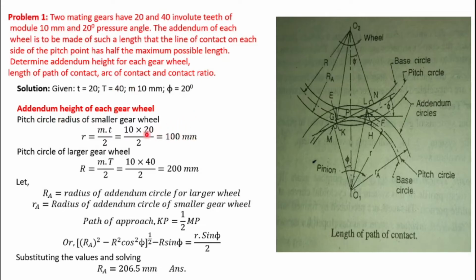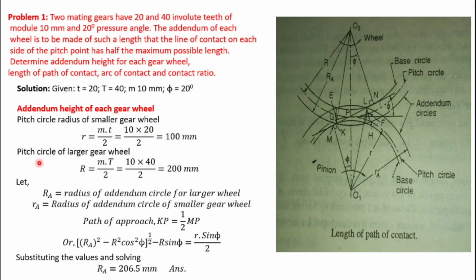For that, first we find the pitch circle radius of the smaller gear. Let the pitch circle radius of the smaller gear be small r, then that will be equal to mT by 2. M is module, T is the number of teeth, and divided by 2, that becomes 100 mm.